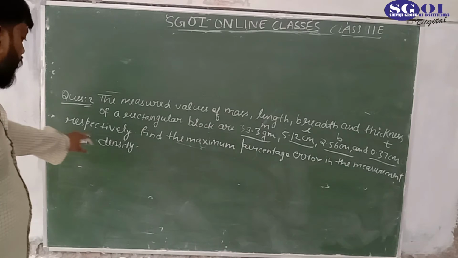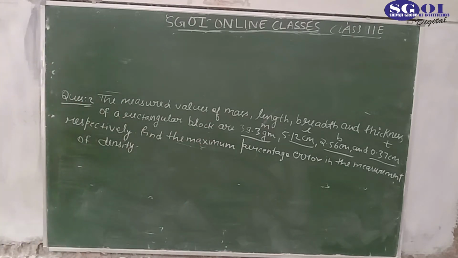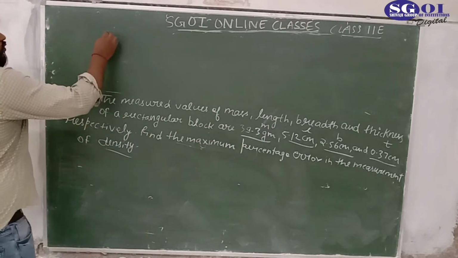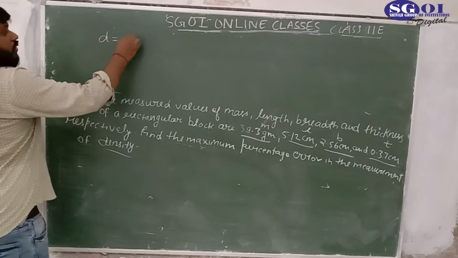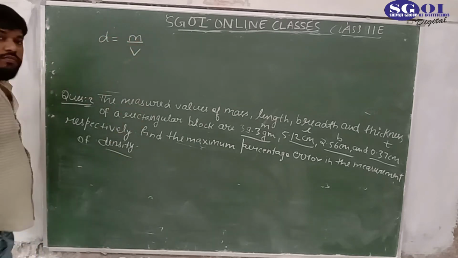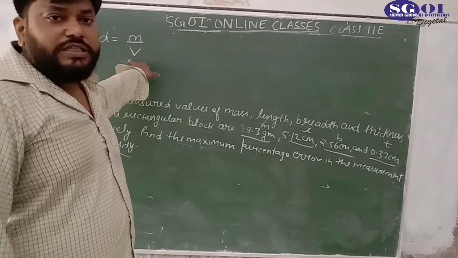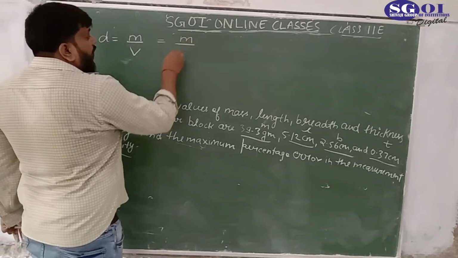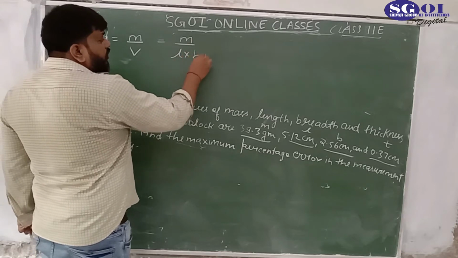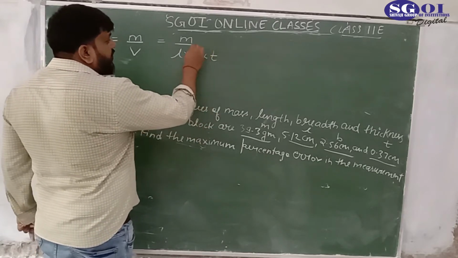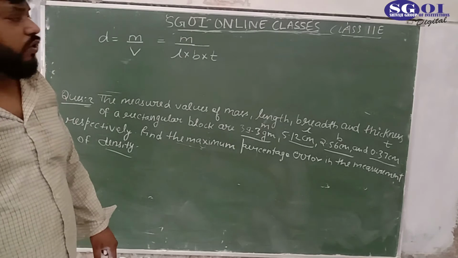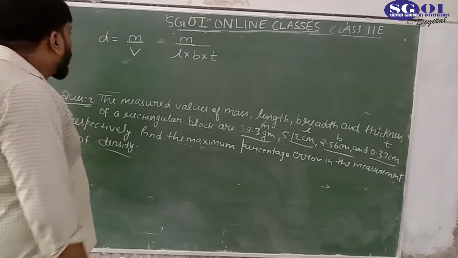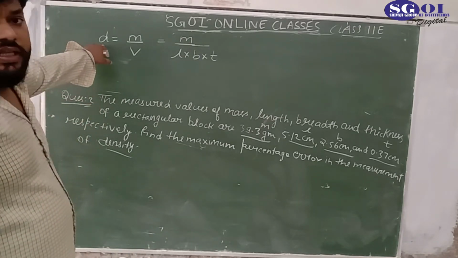Find the maximum percentage error in the measurement of density. The formula of density is mass upon volume, and the formula for volume is length into breadth into thickness, l into b into t.